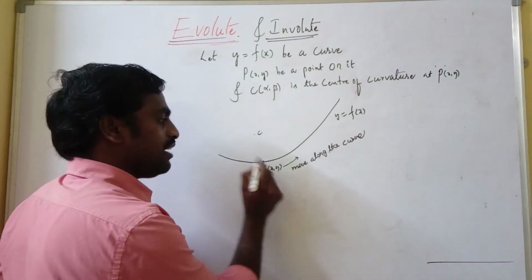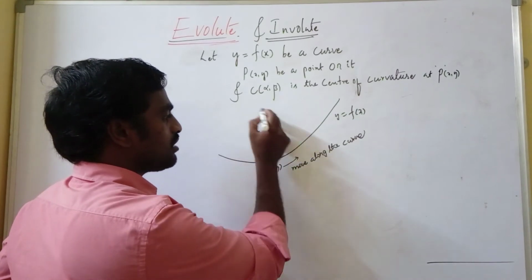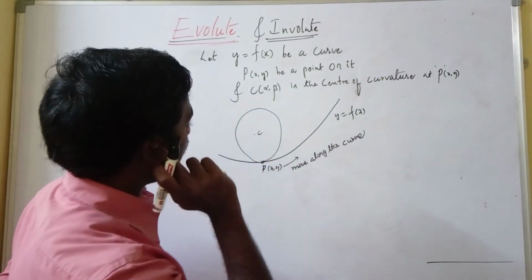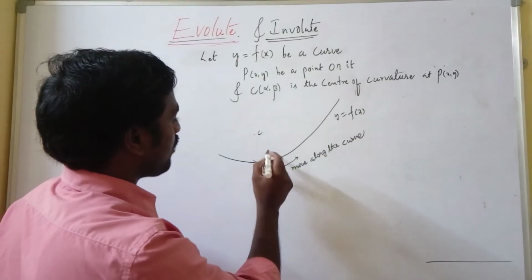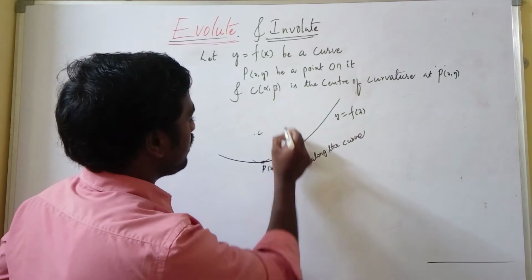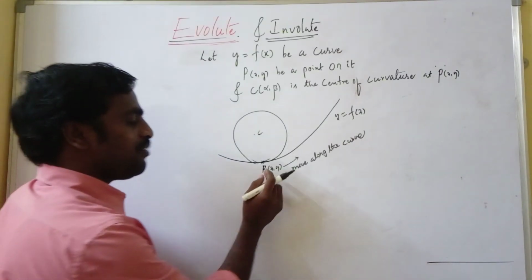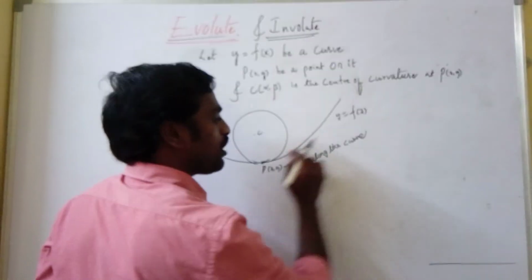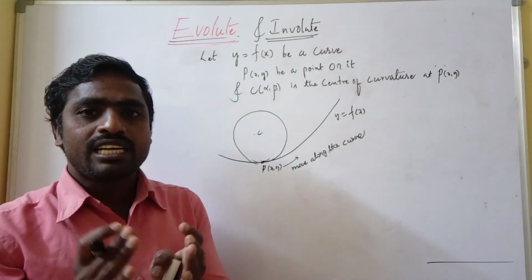If C is the center, and you draw a circle of curvature with center C and radius CP, that is one circle of curvature. If P moves along this curve, we obtain different circles of curvature.